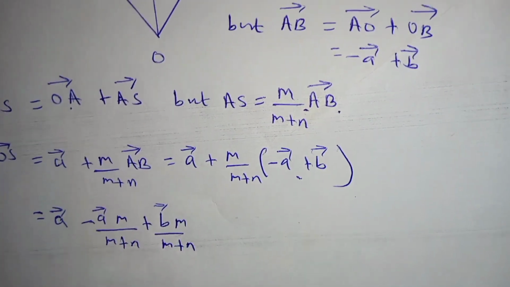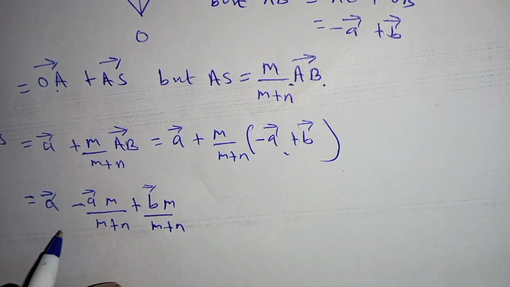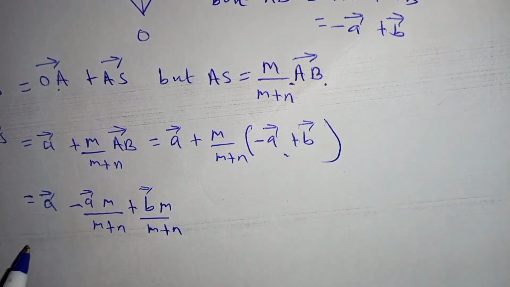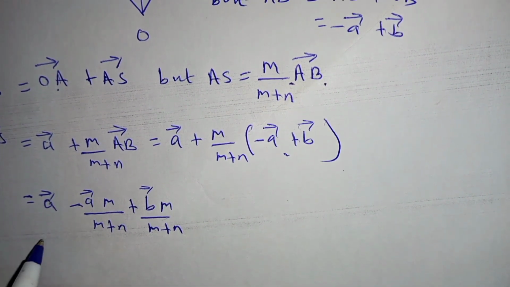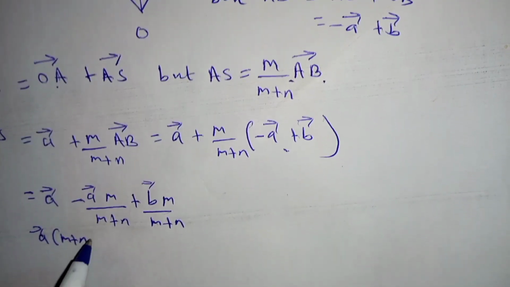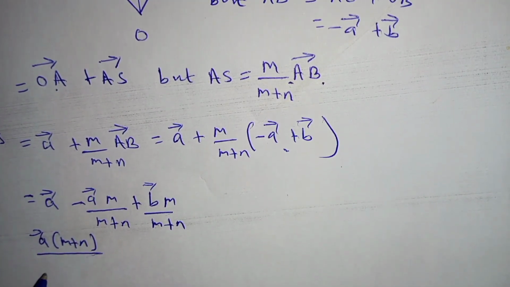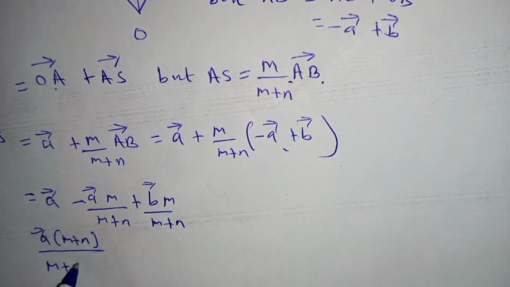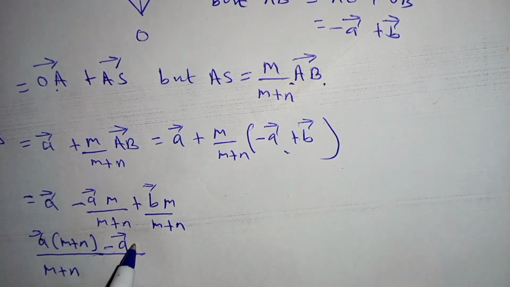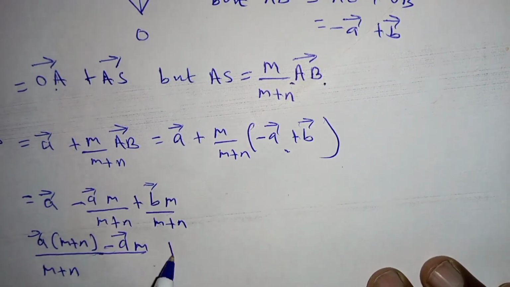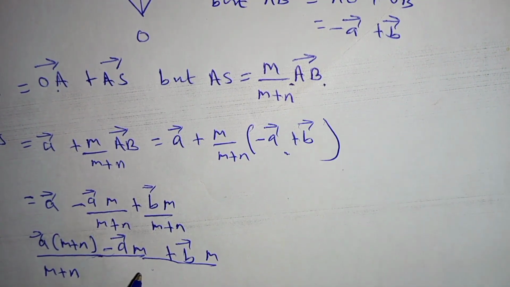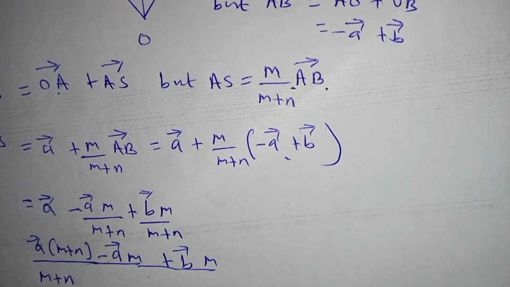I have removed the bracket there, which can be simplified as follows. So here you shall have A into bracket m plus n, you close the bracket, over m plus n, minus A bracket m plus B vector m.